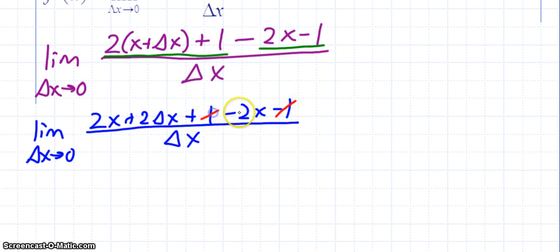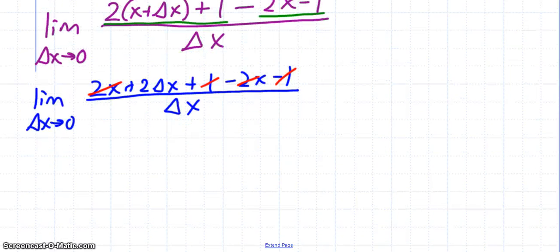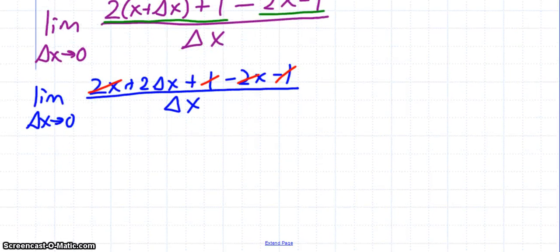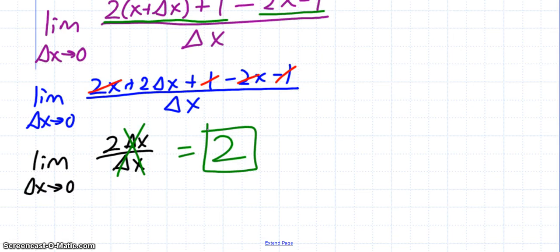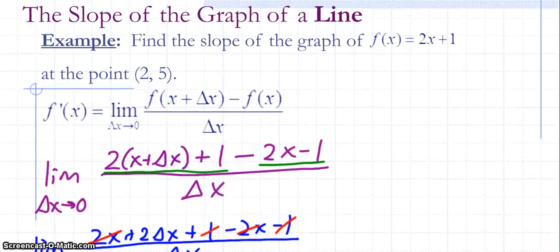The 1, the 1, the 2x, the 2x all go away, and we get the limit as delta x goes to 0 of 2 delta x over delta x. Those cancel, so we get 2. So that is the slope.